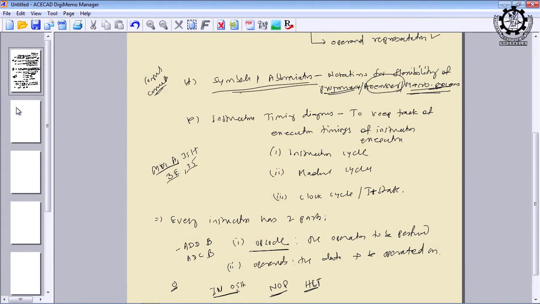So, this is about the symbols and abbreviations. These are nothing related to the mnemonics. Mnemonics are predefined by the microprocessor architecture, but I am talking about the macros which are many times user defined. We use a symbol so that the meaning of that symbol is reflected in the code.